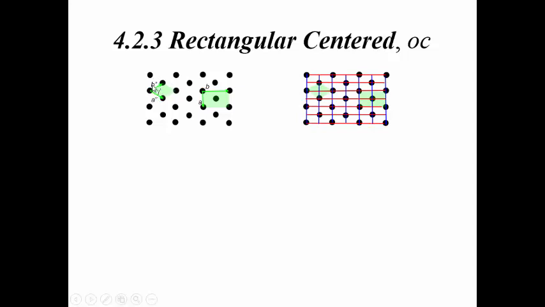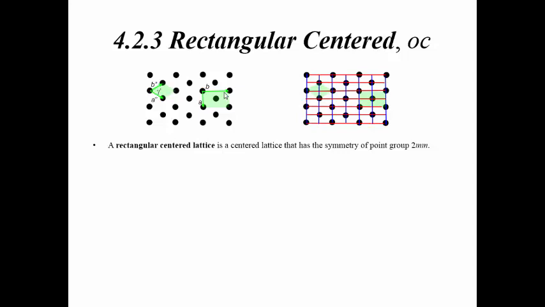Now the a double prime and b double prime will be the same, and so we have to measure two parameters if we're going to index it along the primitive cell, or the rhombohedral cell, which is primitive. We need a and gamma. If we're going to use the rectangular centered, we're going to use a and b. The standard is to use the perpendicular axes.